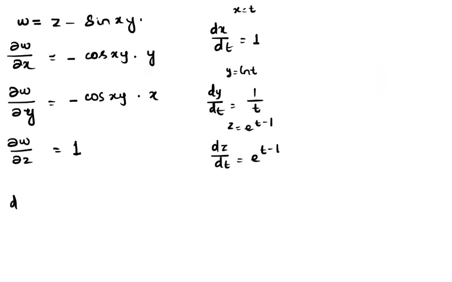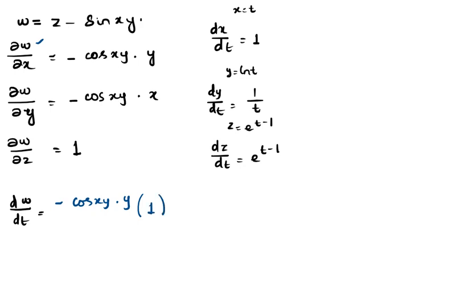So here we will have dw by dt is equal to, the first term is dou w by dou x. What is dou w by dou x? Minus cos xy into y, then into dx by dt. What is dx by dt? Here the value is 1.